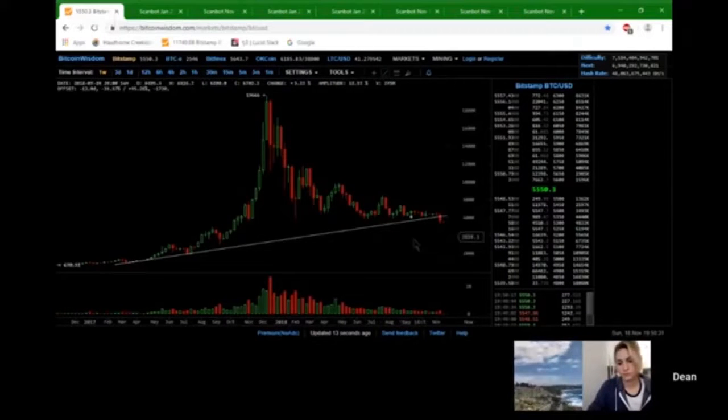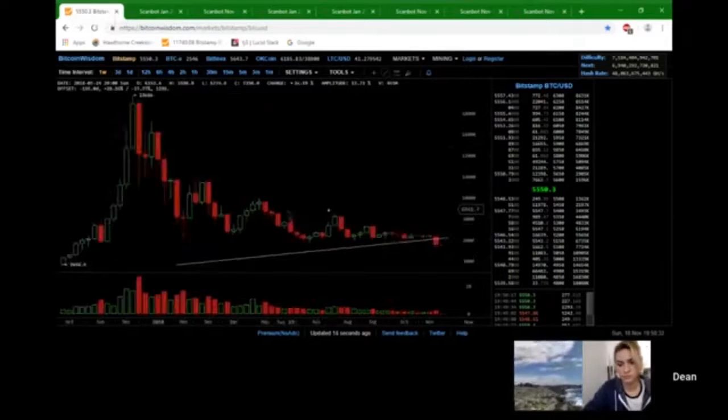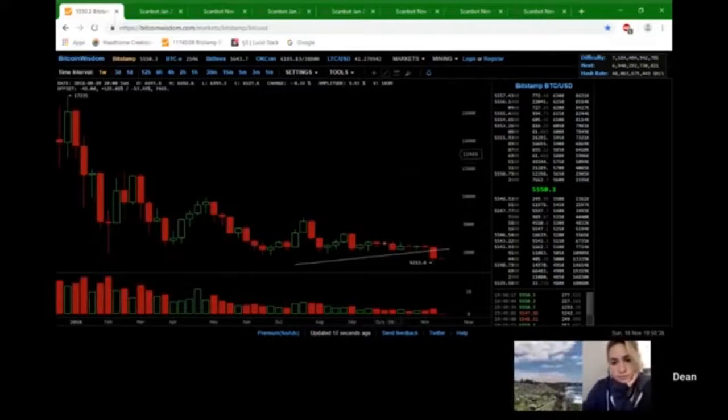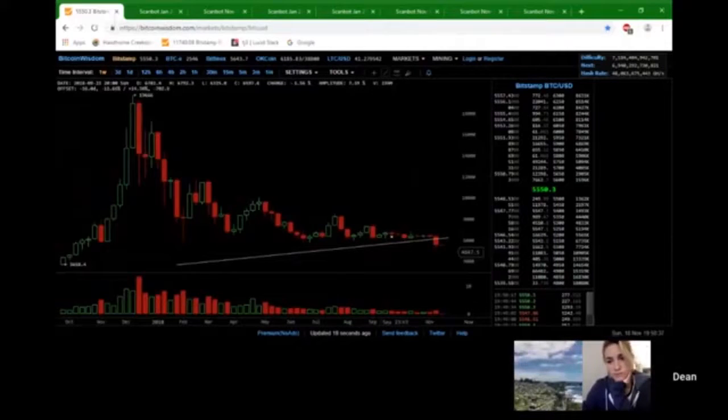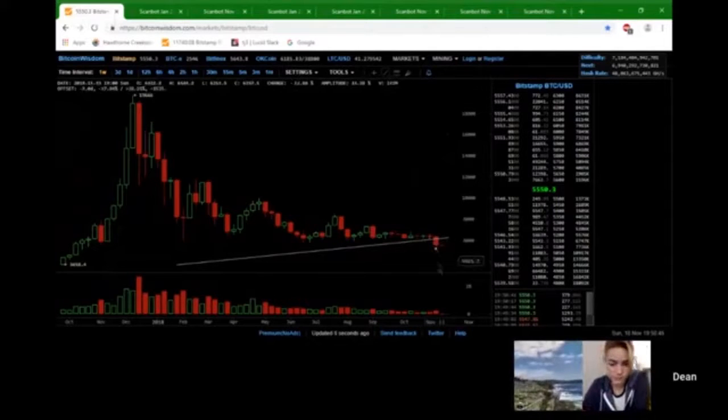Bitcoin has broken down, and then once again, so everybody can just see that it's not even close, we just had no bounce at all, but we didn't go down further. I thought for sure if we couldn't get back up to the line, we would drop straight down to that 5,000 area, 4,900 to 5,100. We didn't do that either.